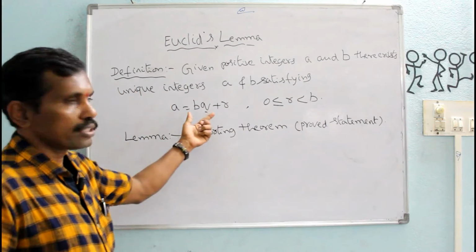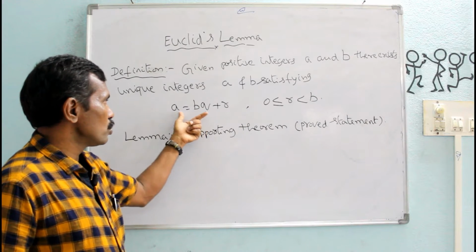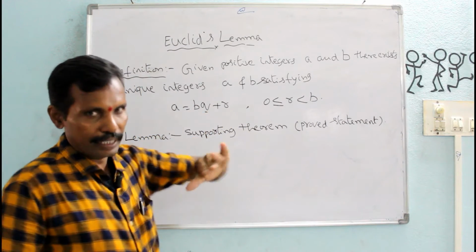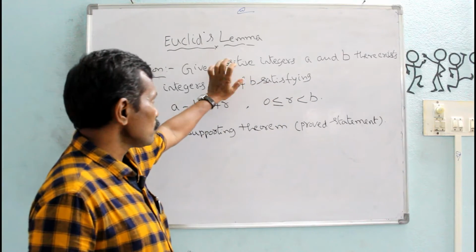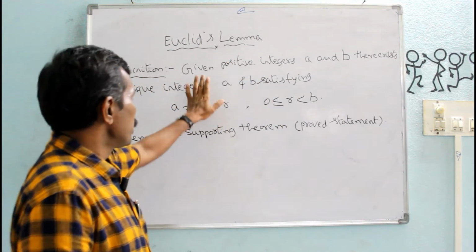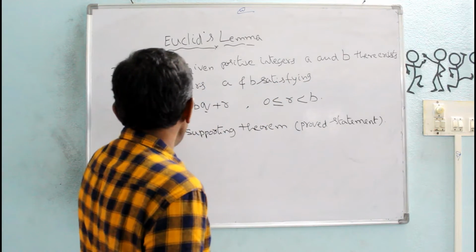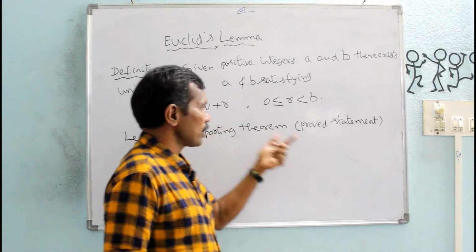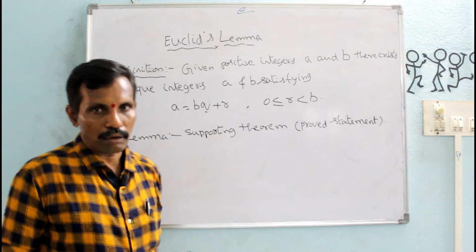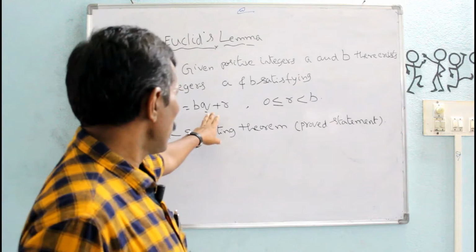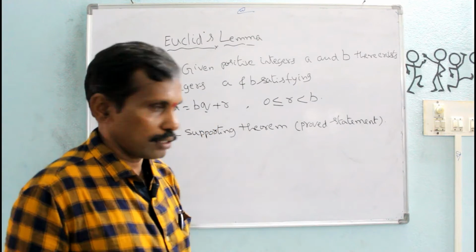For that we can use the formula a equals bq plus r. I will explain this. First of all, see the definition. Given positive integers a and b, there exist unique integers q and r satisfying a equals bq plus r. What is a, what is b, what is q, what is r? I will tell these things.